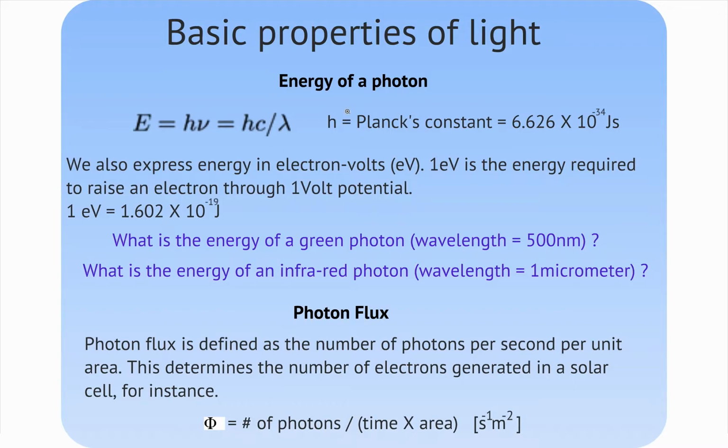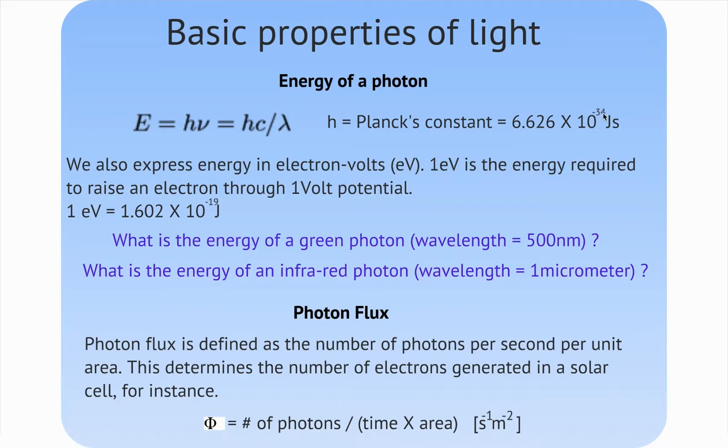So, of course, to solve this problem, it's simple. You plug in the numbers, right? So h is 6.6 times 10 to the minus 34 multiplied by c, so 3 times 10 to the 8, divided by lambda, which is 500 times 10 to the minus 9, nanometers, of course, 10 raised to minus 9. So in this class, we will go with approximate numbers, so you can ignore all the things in the front and just do the powers.